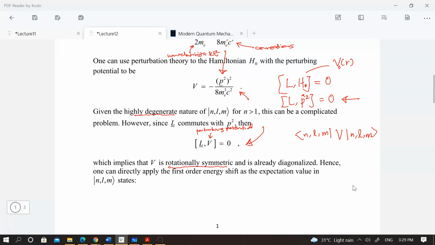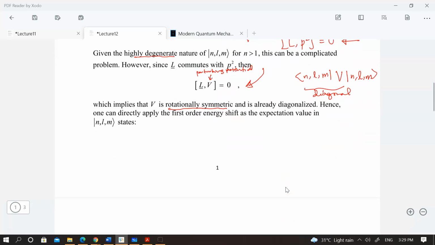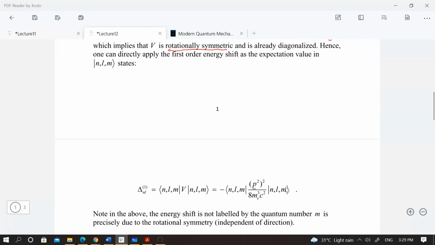In other words, this will already be diagonal because it doesn't depend on the directions, and that tells us we can apply straight the formula for the perturbation theory that we had earlier. We can apply it directly to this perturbing potential.